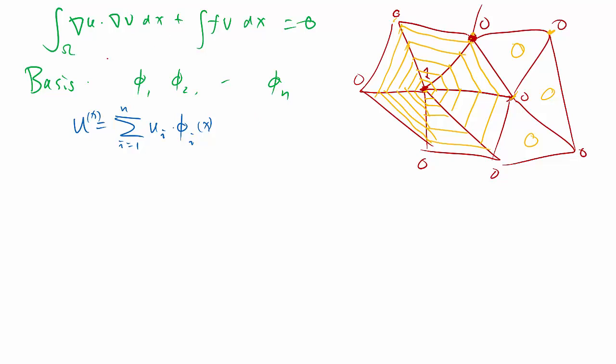As long as this equation is satisfied for each one of these members of the basis, this equation is satisfied for any v. So v can also be written as a summation of these basis functions, which means if I can have this satisfied when v is equal to each vi, then the linear combination of these n equalities is going to give me an equality for any v.